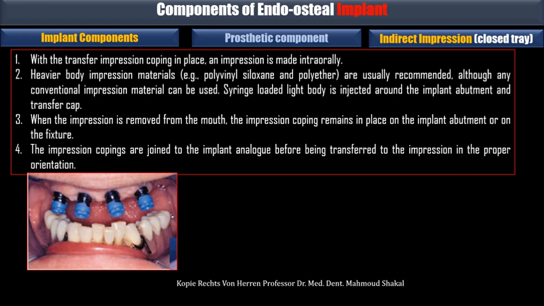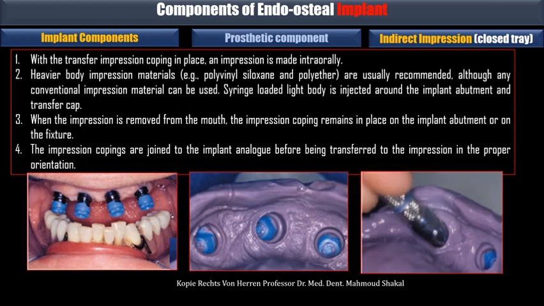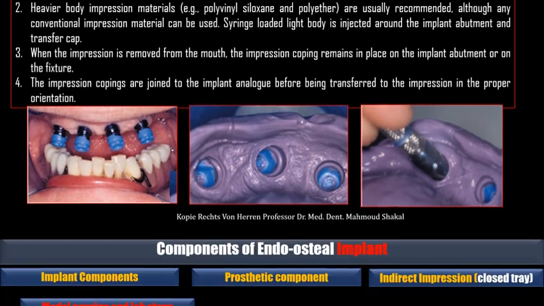So this is the impression cap over the abutments. After you take the impression, the cap is transferred inside the imprints. Then this is the impression post, this is the analog, which would be inside the stone, and this is the abutment.